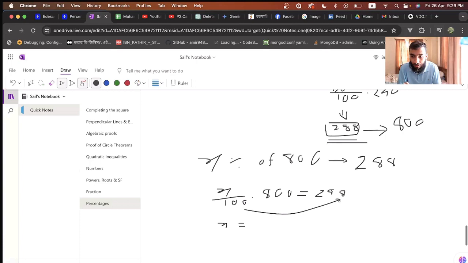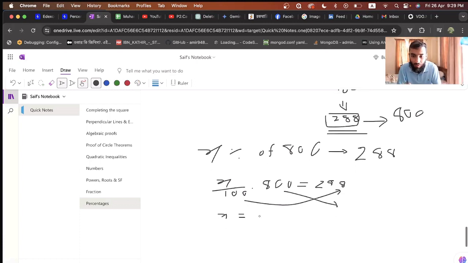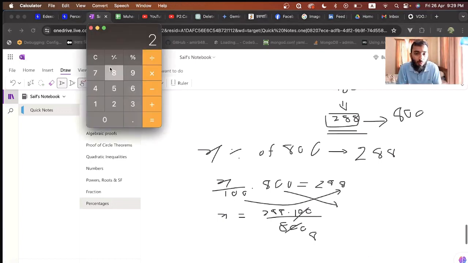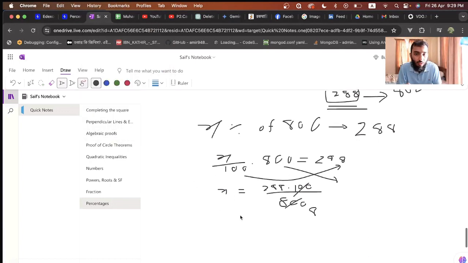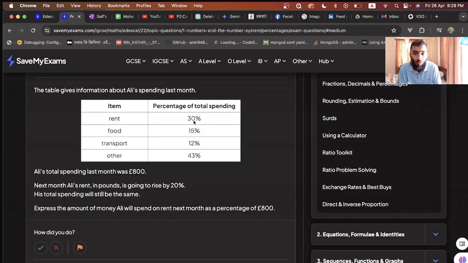If I give 800 here and 800 here, by cross multiplication we get X is 288 multiplied by 100 divided by 800. So this is 8, and 288 divided by 8 is 36. So X is 36%. The rent now will be 36% instead of 30%.